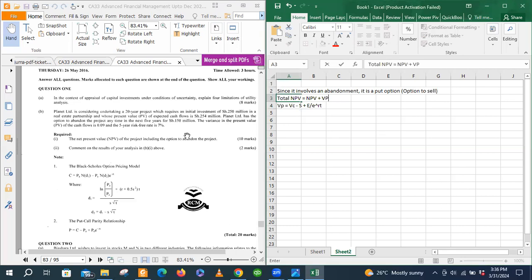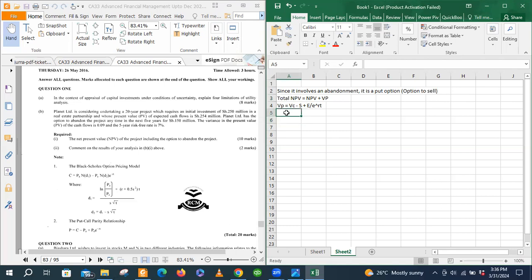So our NPV, I can see we had the present value of expected cash flows ni 254, initial outlay ni 250. That will automatically give us the NPV, PVCI minus IO. So NPV is 4 million. We need to get the VP. So for us to get the VP, we need to start by getting the VC.